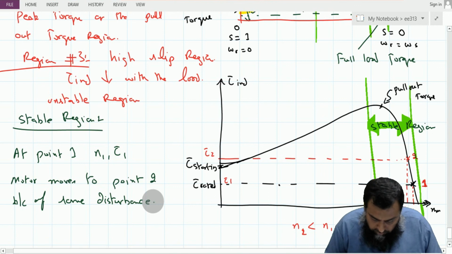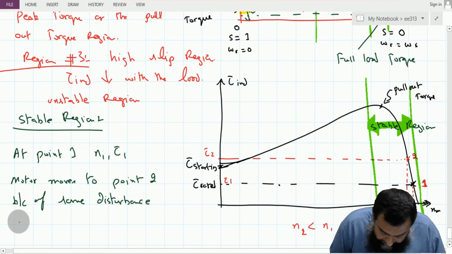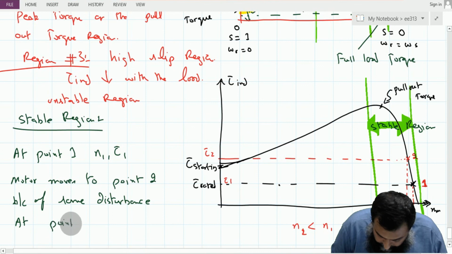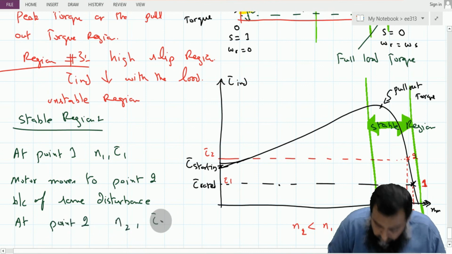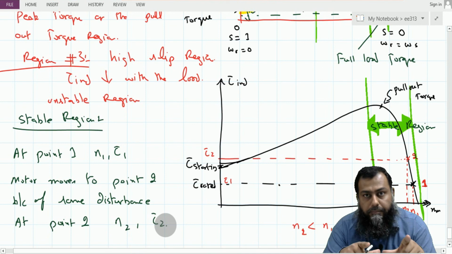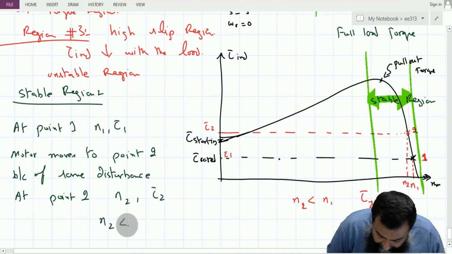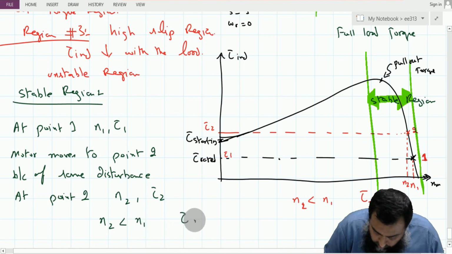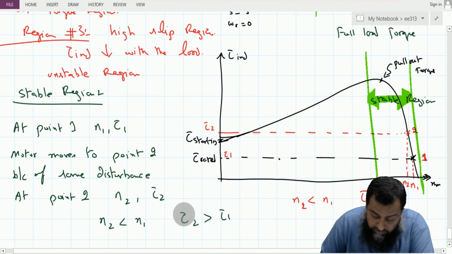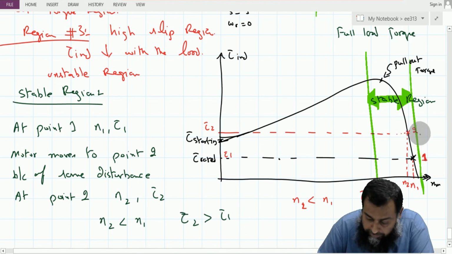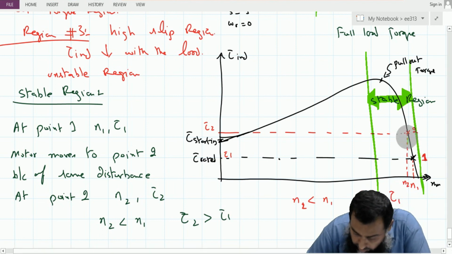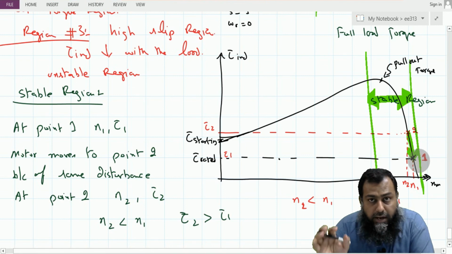Then at point number 2, N2 and T2 are the two quantities which are available, right? Now if we examine here, this N2 is less than N1, whereas this T2 is greater than T1. So what will happen? Since the torque is high, the motor will speed up. As the motor speeds up, it will travel across this particular line downwards till it reaches the rated value, which was the original speed and the original torque of the machine.